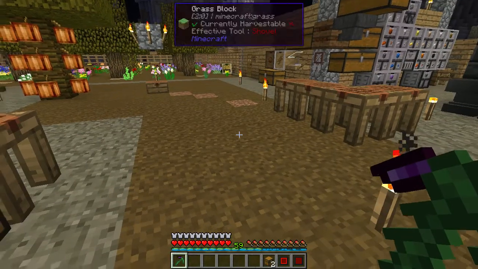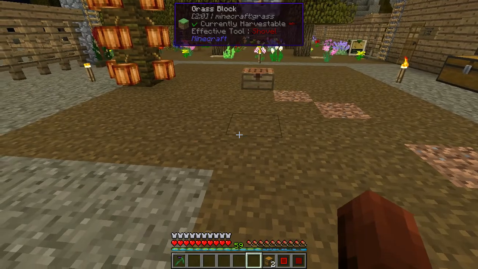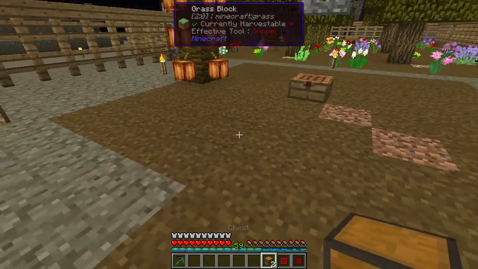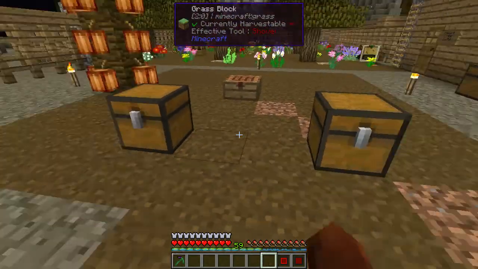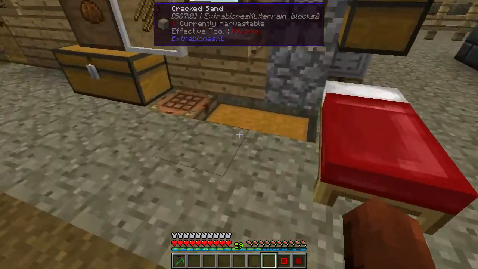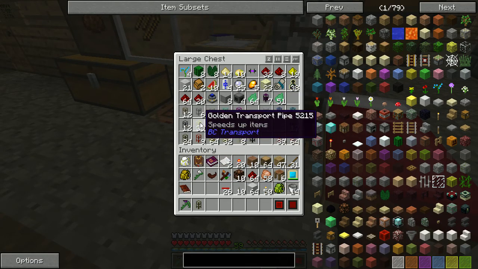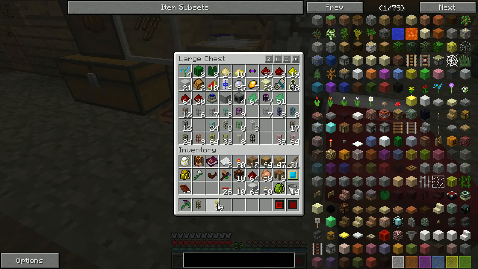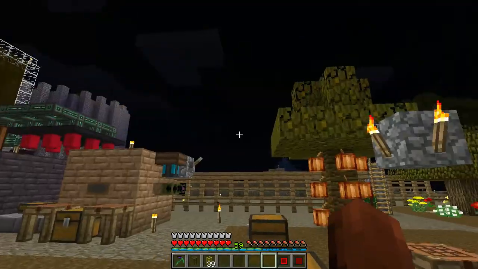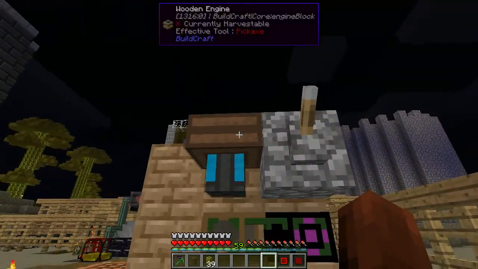And maybe I'll even make our other gate. So if we come here and let's just throw a chest there and a chest there, then grab some piping. We need at least one wooden, and golden will work. Let's just take the whole thing. And then do I have any more of my wooden engines? If not, we'll use this guy right here.